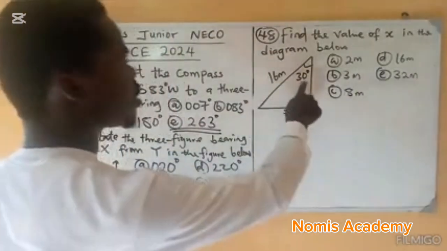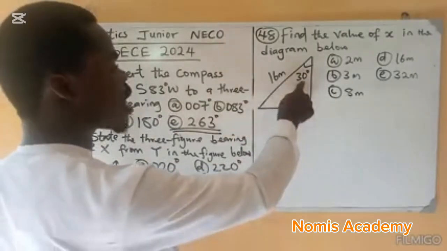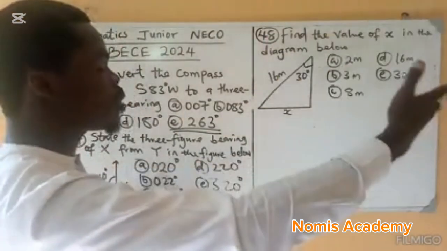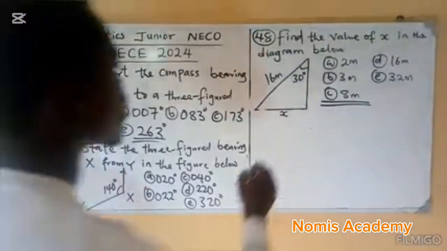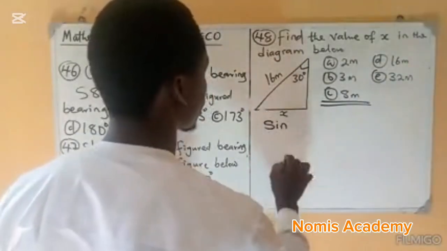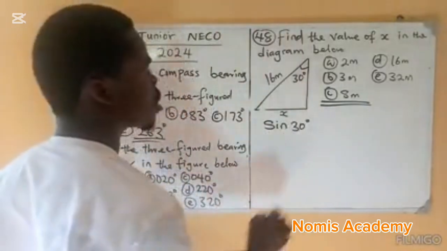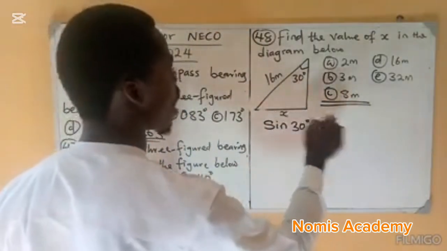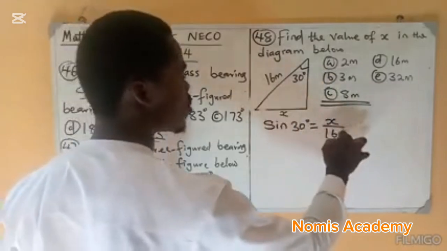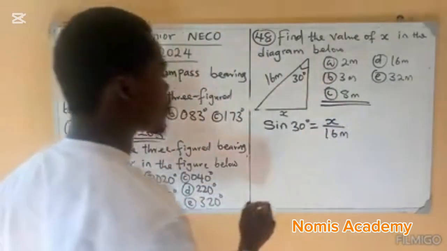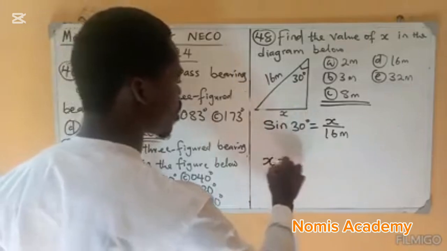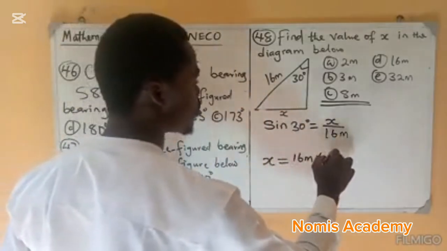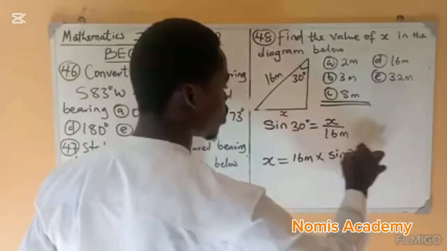Now since this is the angle, the side facing the angle is the opposite, and this is the longest side, which is called the hypotenuse. So we write sine 30 degrees equal to opposite, which is x, over hypotenuse, which is 16 meters. Now we cross multiply, so we have x equal to 16 meters times sine 30 degrees.